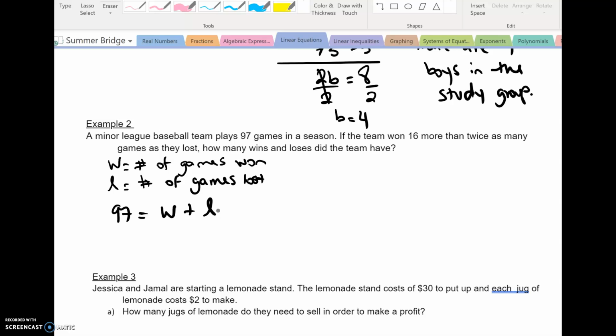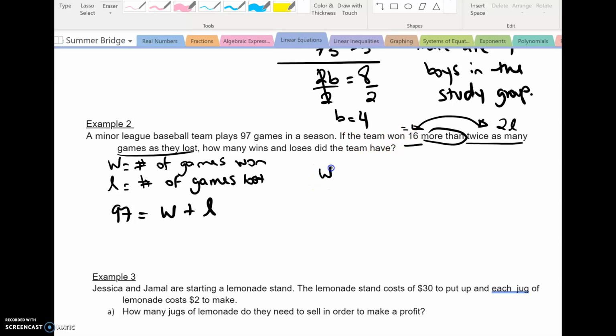So if the team won 16 more than twice as many that they lost. So more than, that means to say this 16 switches with whatever comes after. And it says twice as many games as they lost. So 2 times the number of games that they lost. And that is going to equal the number that they won.